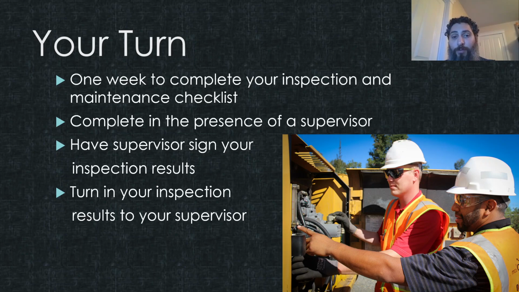Now, you're going to complete this inspection and this maintenance check in the presence of a supervisor. And a supervisor will sign your inspection sheet or your inspection results to confirm that you have done that inspection for general requirements of OSHA as well as for maintenance.